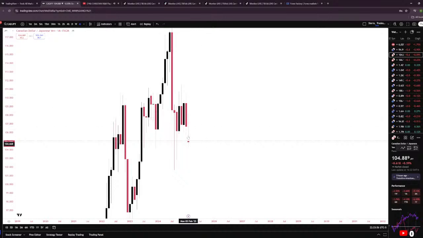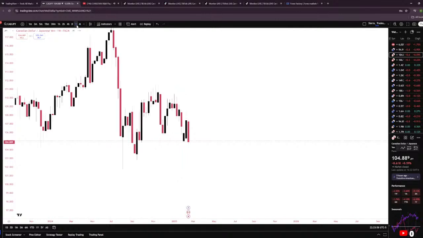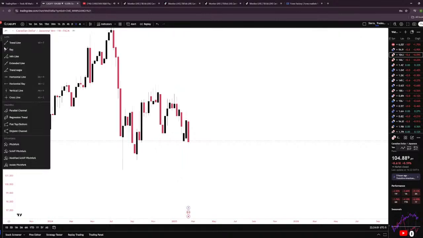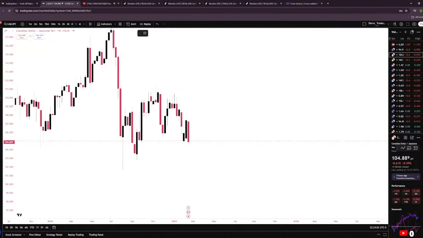Price actually just did this week. So I was like, let's go with the weekly range. I marked up the high and the low of last week's range, and 50% of the candle's range.